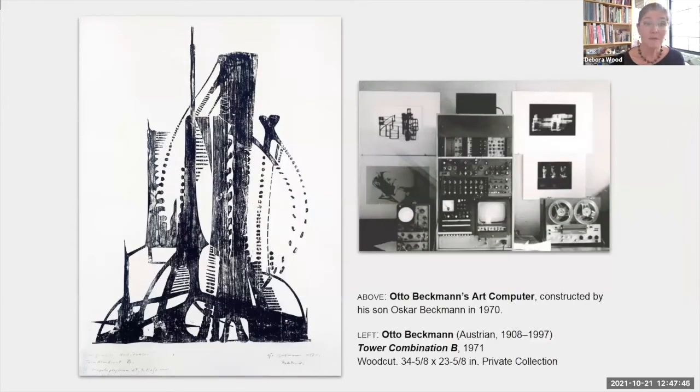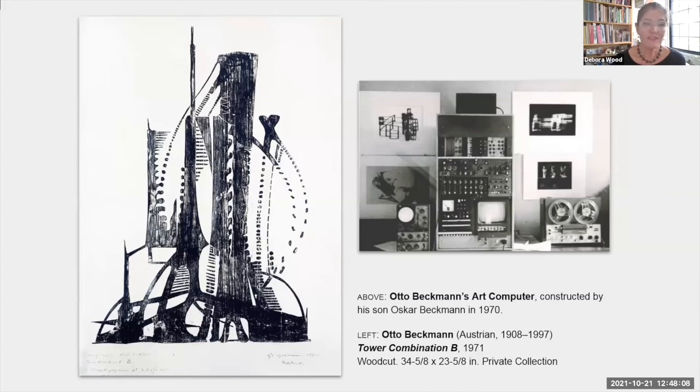Another artist who made prints from his computer-generated images was Otto Beckmann. He believed in the fluid transition between all artistic media and technology. He made paintings, sculptures, films, photographs, and prints, all of which incorporated forms generated by the computer.